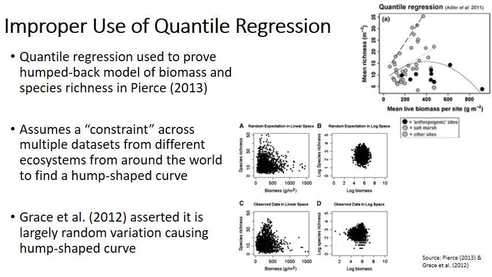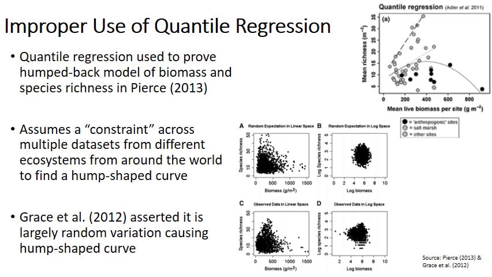But Grace et al. 2012 asserted that really it's largely random variation that's causing the hump-shaped curve that they're seeing. So when the data is transformed into log space, most of the points become clustered together, indicating that it is random variation that's occurring, and most likely not some type of trend that only quantile regression is making apparent.